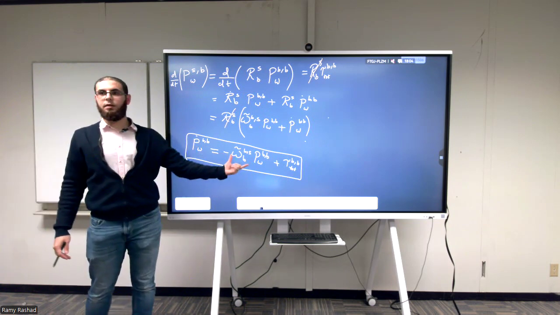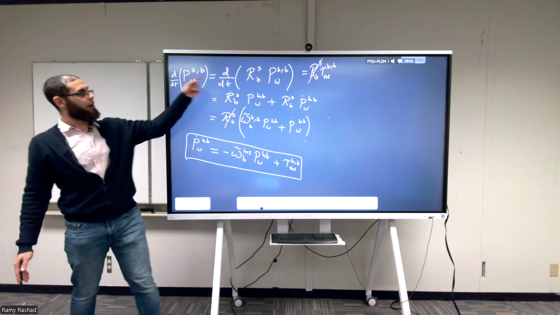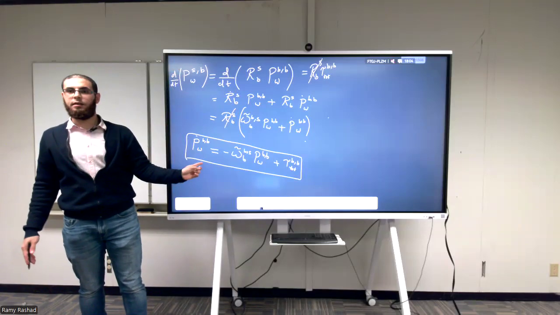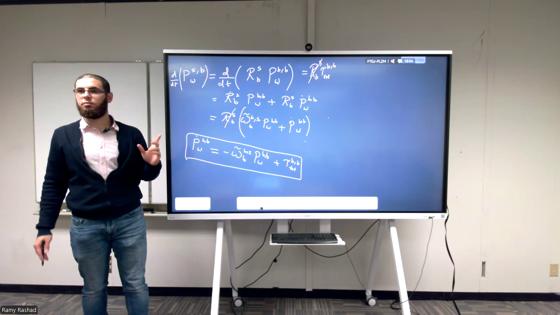So this is simply just conservation of momentum. And this is also conservation of momentum, but this is seen in the stationary frame, and this is seen in the body frame. Any questions?